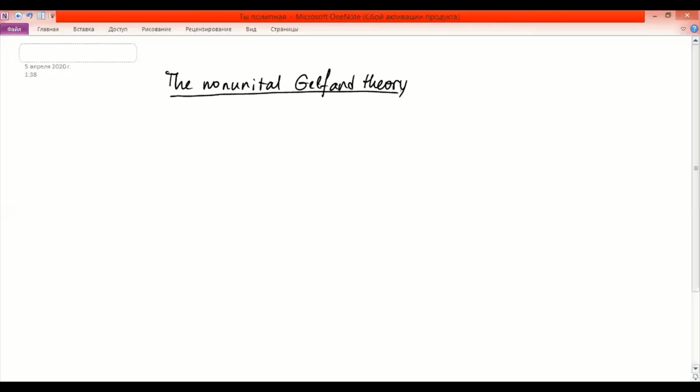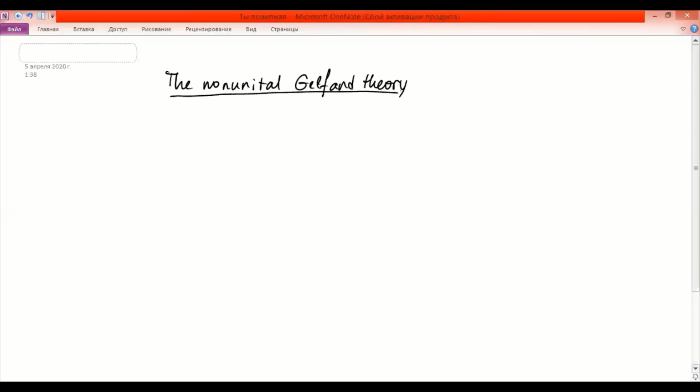First of all, many Banach and C-star algebras which arise in applications are non-unital. For example, the algebra of compact operators on a Hilbert space is not unital, and also the group C-star algebra of a non-discrete locally compact group is also non-unital.